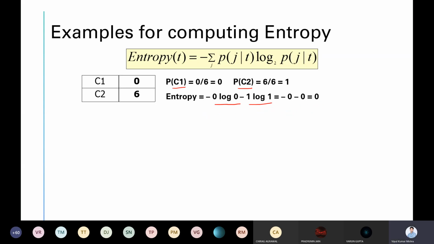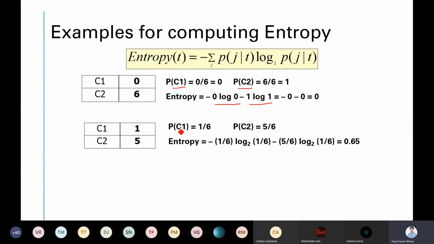Now let's take another example. We have the probability of C1 and the probability of C2, and you compute 1 by 6 log base 2 of 1 by 6, minus 5 by 6 log base 2 of 5 by 6. Sorry, my mistake, this should be 5 by 6.